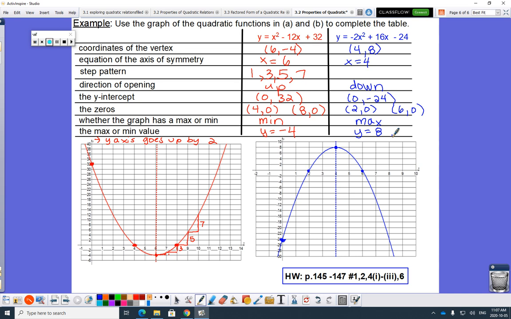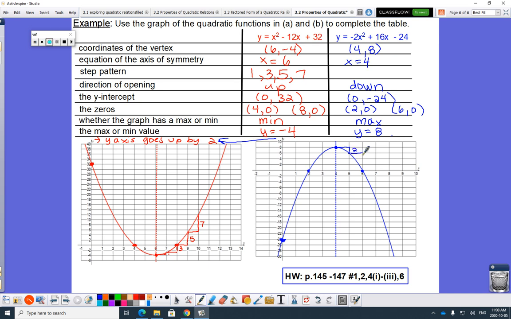Okay. I just want you to watch for a second about the step pattern. And again, once we get really into doing the graphs, we'll talk more about this. But let's look at the step pattern for a second. And again, the y-axis is by 2s, okay? So we start here. If we go over 1, we're going down how many? 2.